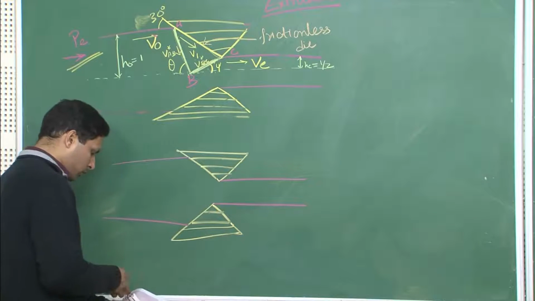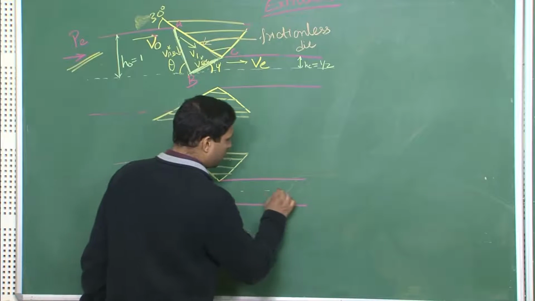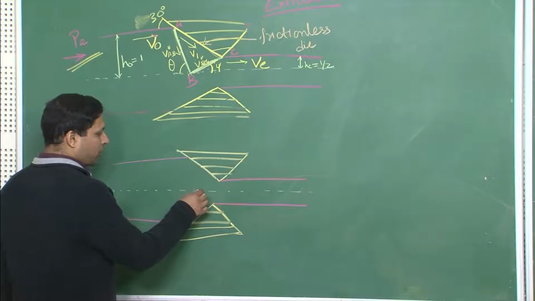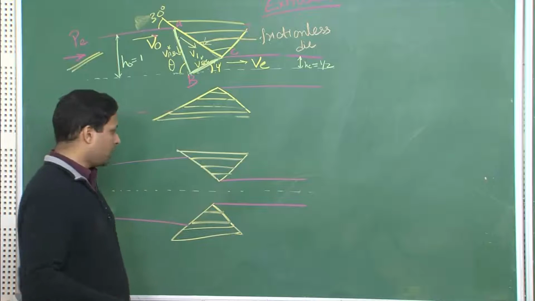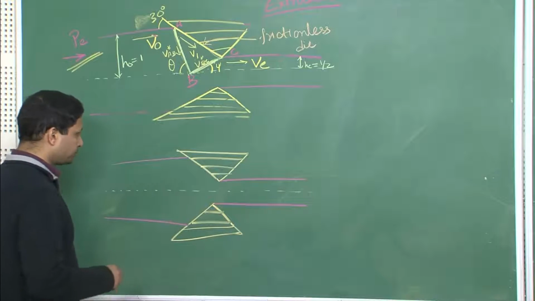So, again we can still use that guideline, that is to reduce your problem by looking at the symmetry. So, again we know that this is the symmetric plane, whatever happens on the upper side has to happen on the lower side. So, why not talk about only the upper part?